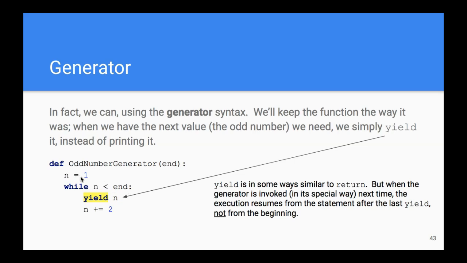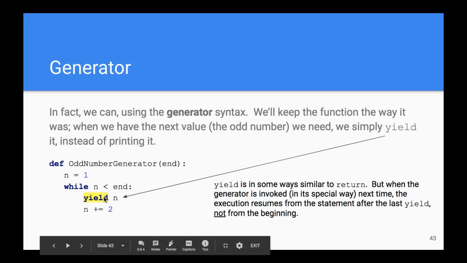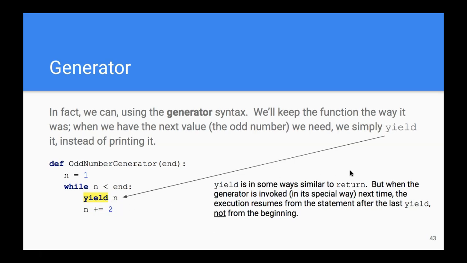It starts from the beginning the very first time. However, in subsequent invocations, it starts from the statement right after the last yield. So after yielding n, next time we come into this generator, it will actually start from n plus equal to 2.